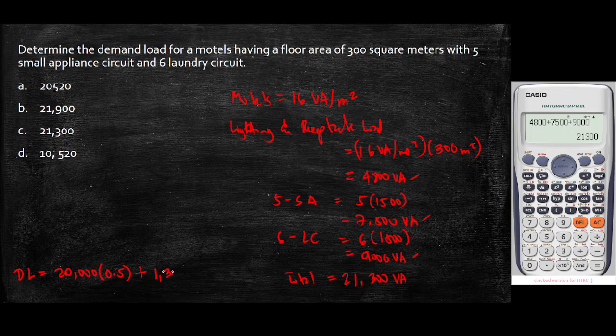1,300 times 40%, so 0.4. Okay. So ang answer dito, ito yung calculate natin. We have 20,000 times 0.5 plus 1,300 times 0.4.